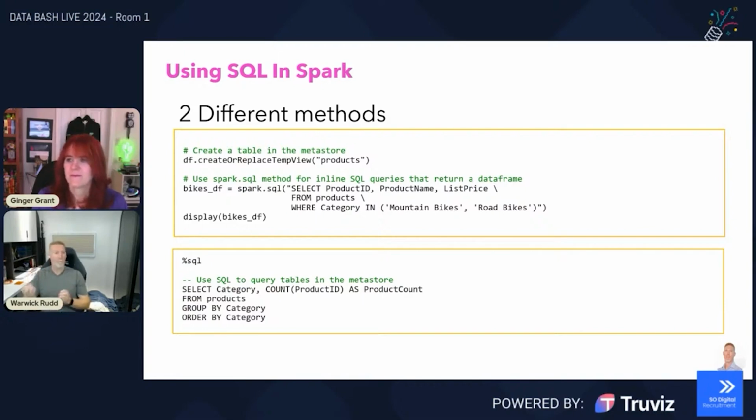Now, for me, the easiest way to think about this is that inside of T-SQL, we can write dynamic SQL where we create our statement inside of a variable, and we pass it off and execute. And this is very similar to what we're seeing here. Or, as Ginger mentioned, using the magic commands, it looks like we can just create the SQL statements. Therefore, it makes our lives a little easier. But because we are data people and we are used to using T-SQL, and Spark SQL uses ANSI SQL, there are those slight variations that Ginger mentioned.